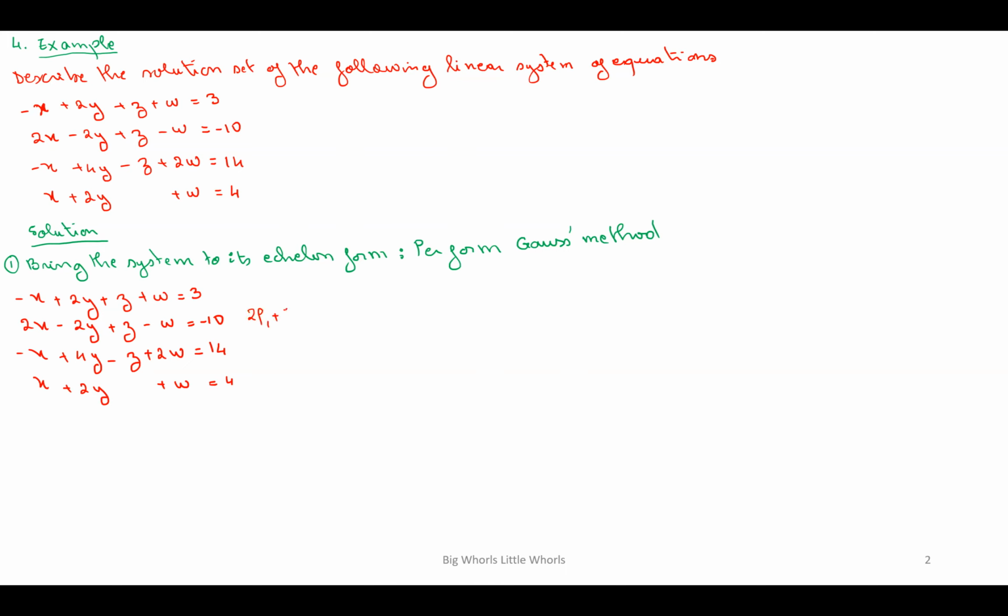So row 1 plus row 2, and okay, so that leads to minus x plus 2y plus z plus w equals 3.